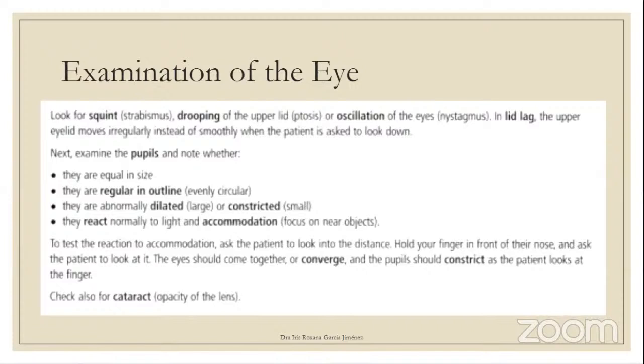And we know that we use some medicines and drugs in the eye, and that's the process. Look for squint, I mean strabismus, dropping of the upper lid, I mean ptosis, or oscillation of the eyes, or nystagmus. In lid lag, the upper eyelid moves irregularly instead of smoothly when the patient looks down.